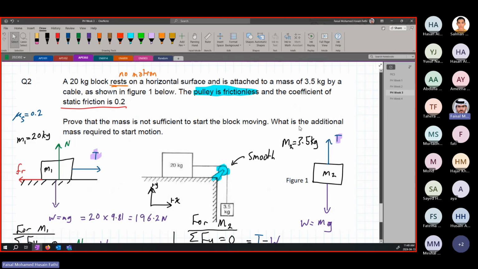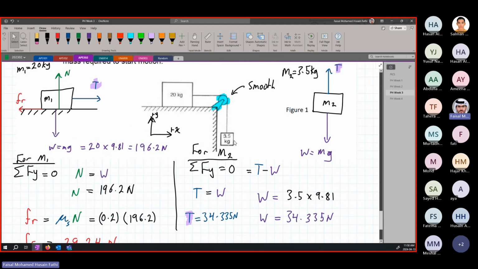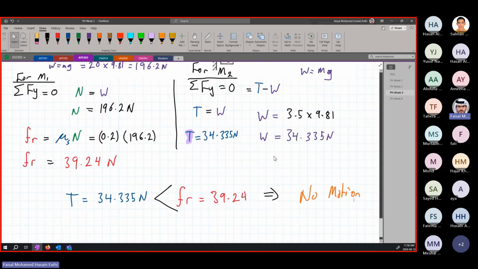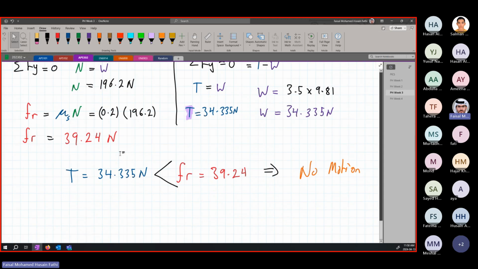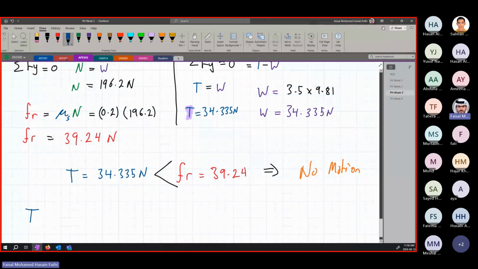The question also says, what is the additional mass required to start the motion? What they mean is the mass for M2, what should be the weight of it so that it can start moving? So here we're going to reverse engineer this. We know that T needs to be greater than or equal to Fr so that there's motion.